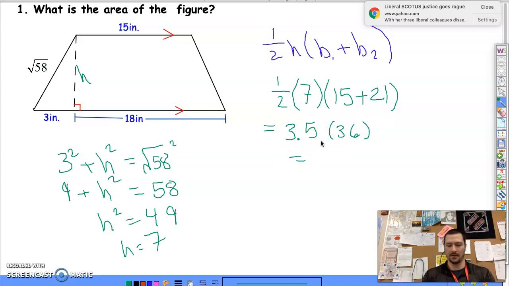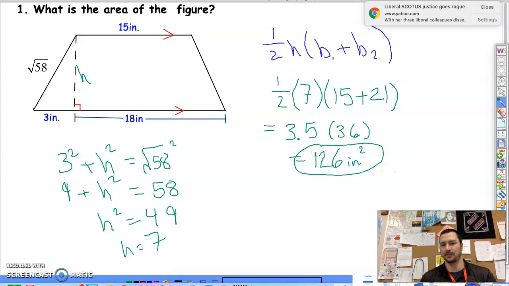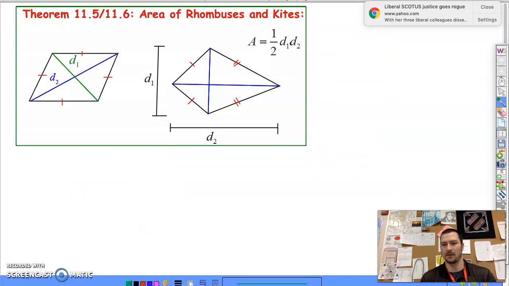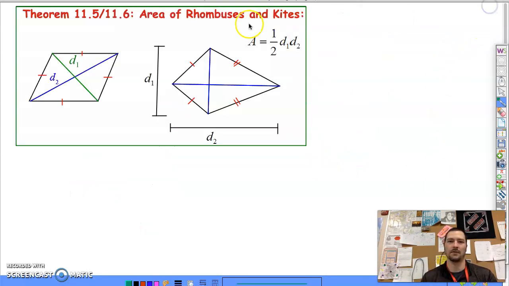When we type that in our calculator, we get 126, and since we're in area, we have inches squared. So that's the trapezoid. The other two we're going to find are areas of rhombuses and kites.